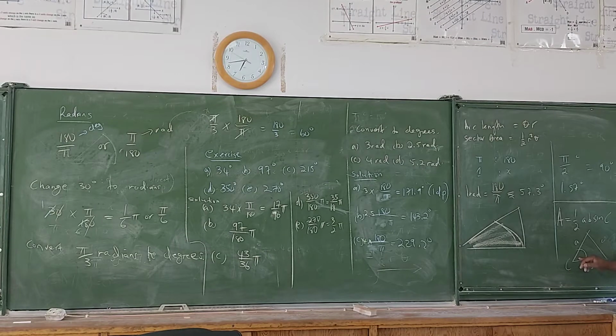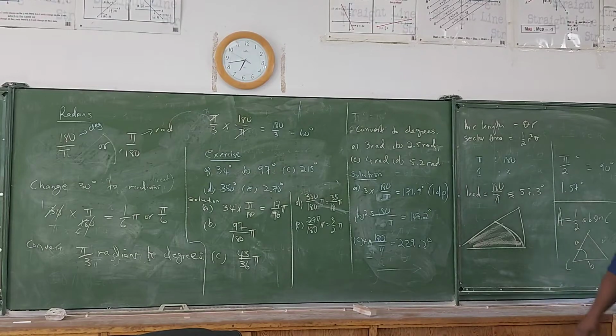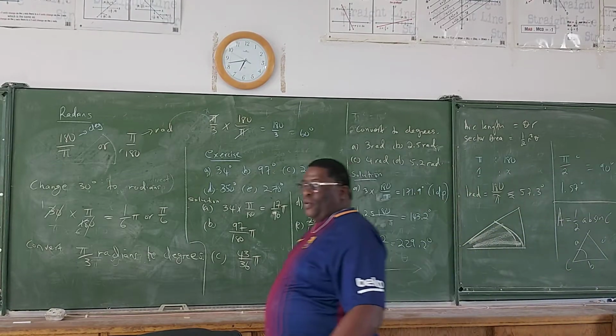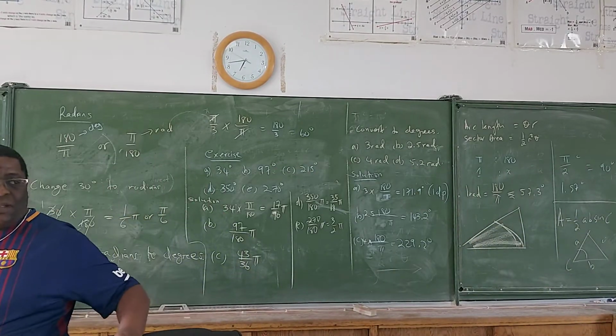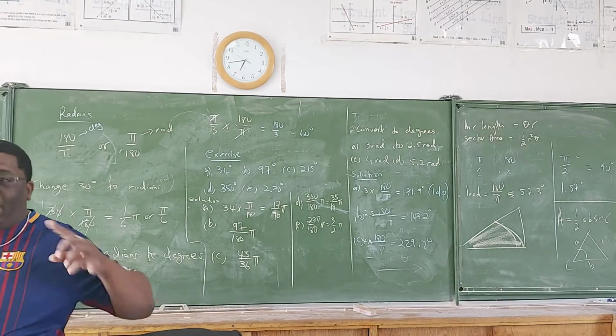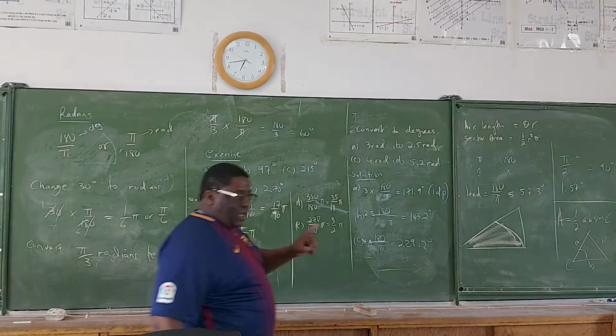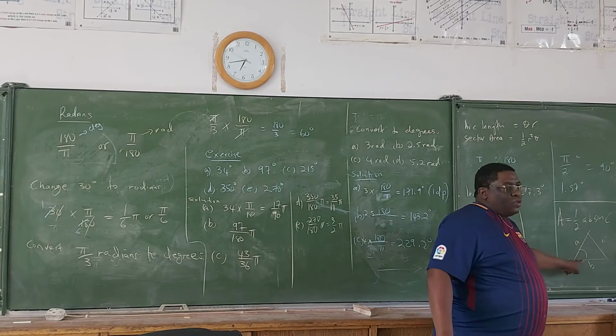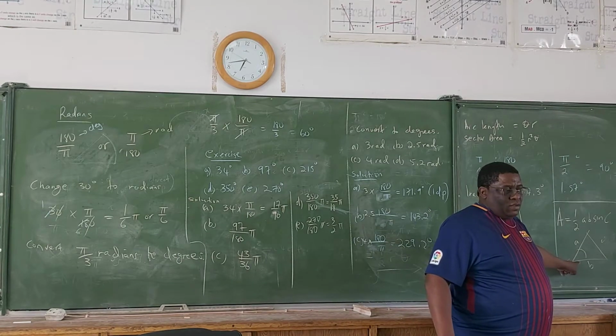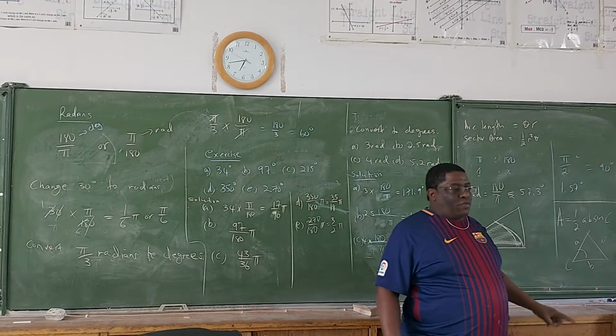Whatever this angle is, multiply these two sides, half of that, times the sine of this. And when you use the sine, make sure your calculator is in degree mode. Okay? Because otherwise you're going to get a totally different answer, unless you change that angle here to radians. You follow? So you have to be careful.